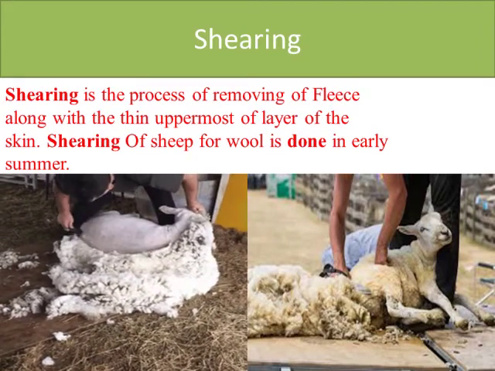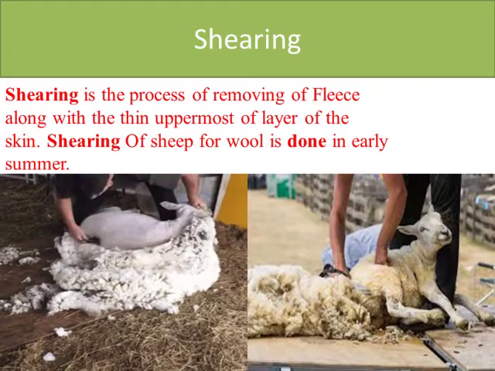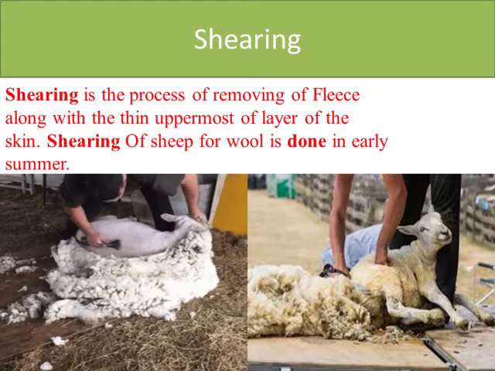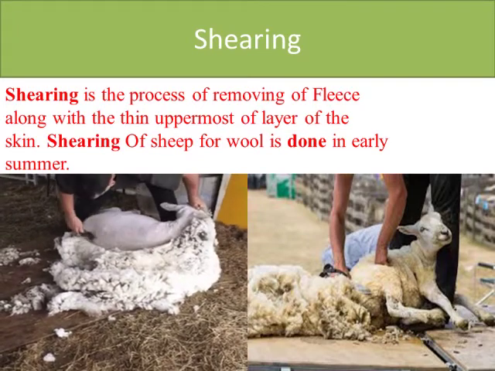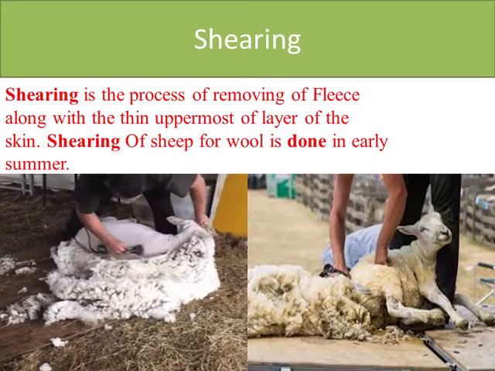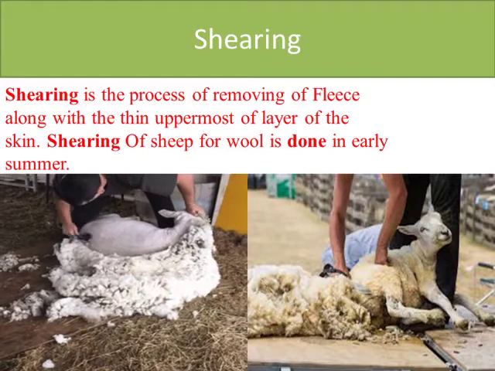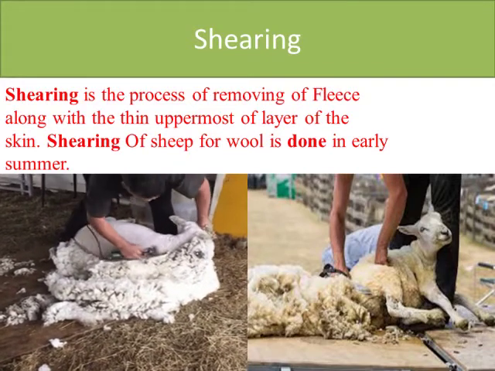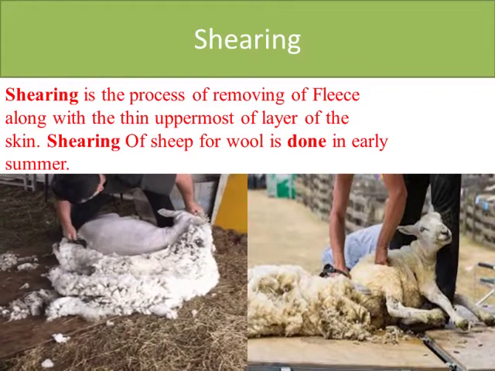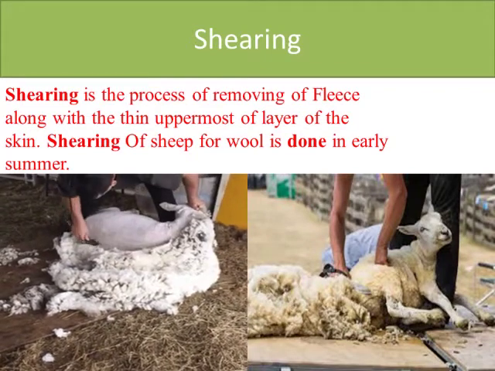Shearing is nothing but the process of removing the fleece along with the thin uppermost layer of the skin. So first the fleece is removed from the body of the sheep, and machines are also used for this purpose.